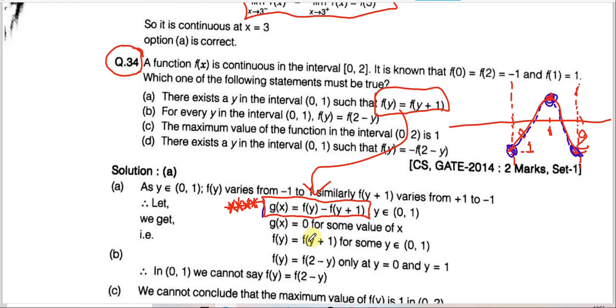Yes, it is possible, because g of x can be 0 for some value of x, because if you have any function f of x and f of x plus 1, then its difference may be 0 for some value of x. So it may be true.